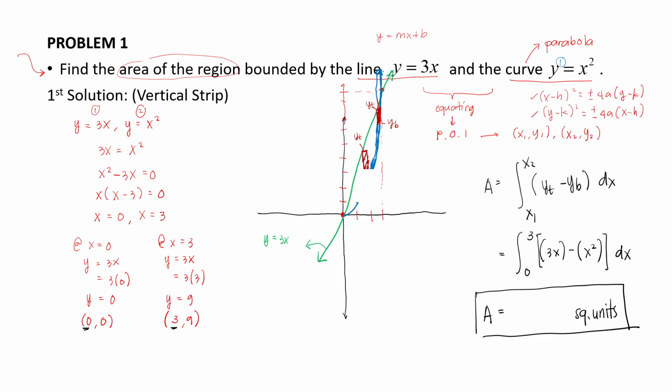So how much is the answer? 4.5, sir. So 4.5 square units. You may write it in fractional form since most of the calculators give you a fractional format, or you may also write it in decimal. So 9 over 2 or 4.5 square units. That's the answer.